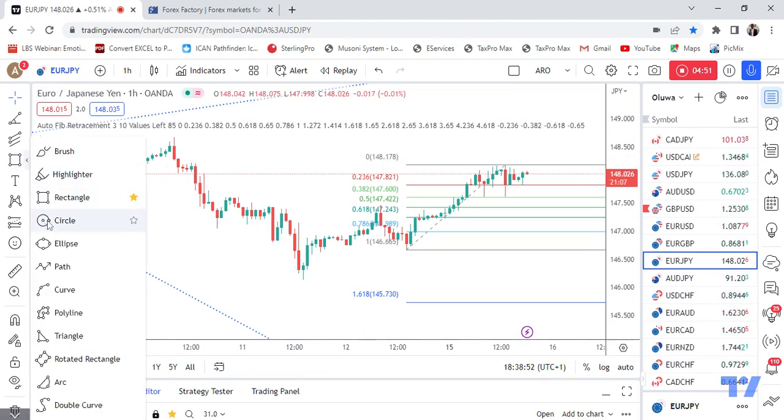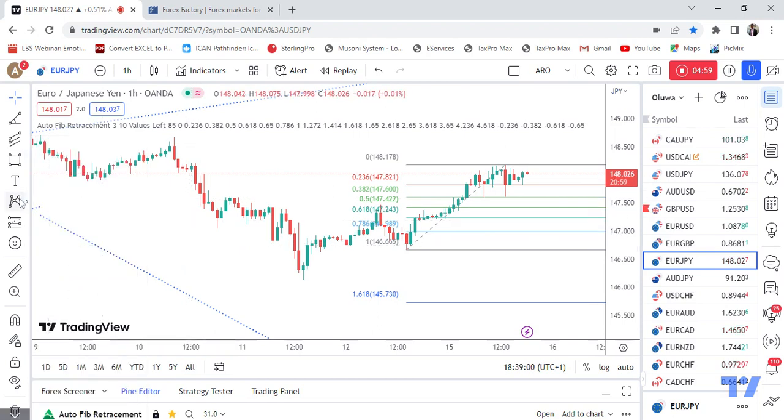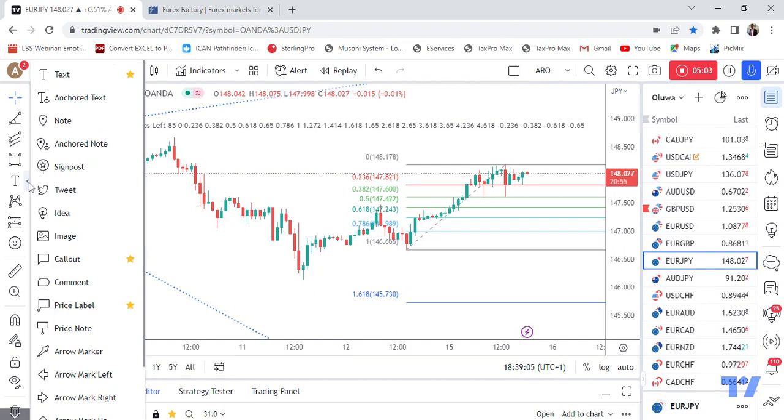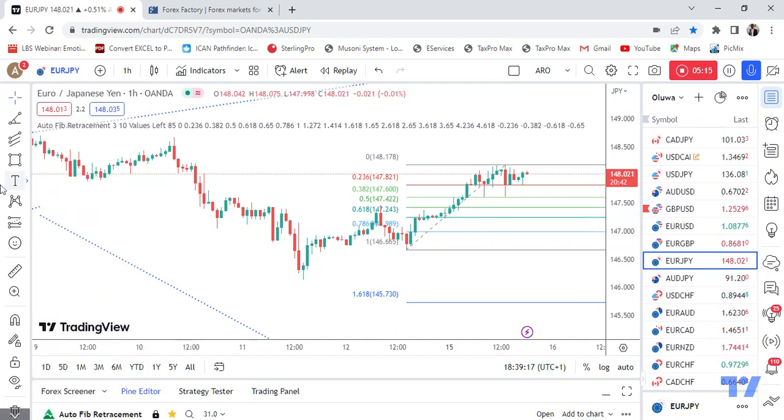You can draw a circle, and use all these tools to draw on your chart. Then we have tools also to write text on your chart. We use all this for comments, for call outs and so on and so forth.